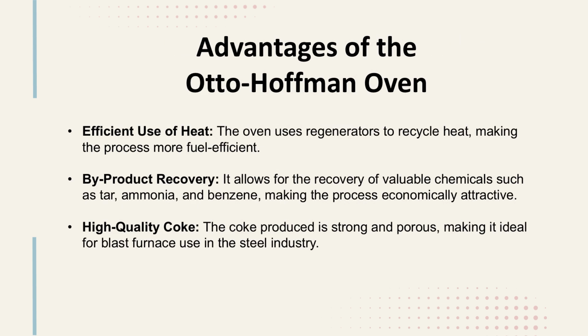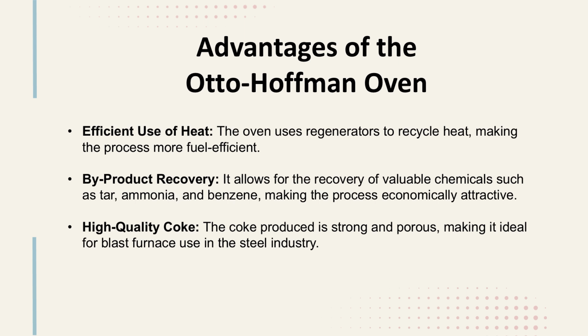The Otto Hoffmann oven offers several advantages that make it a more efficient and environmentally friendly option for producing coke. Efficient use of heat. By recycling heat through regenerators, the oven minimizes fuel consumption, making the process more energy efficient. Byproduct recovery.